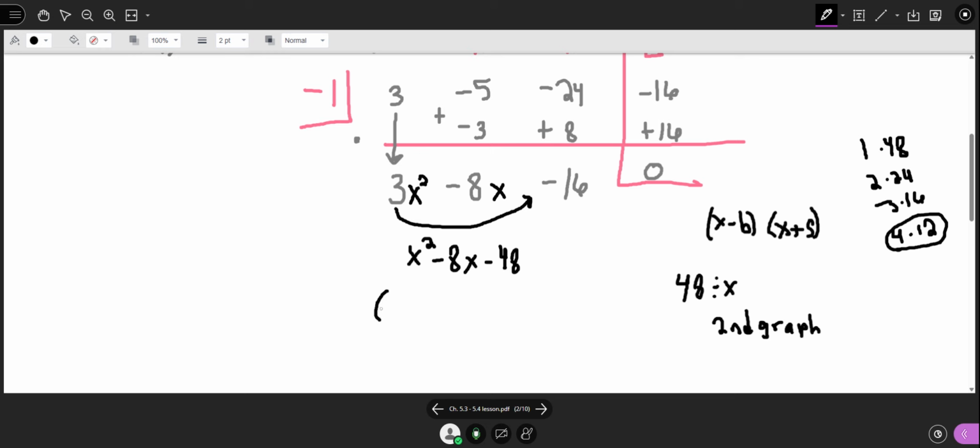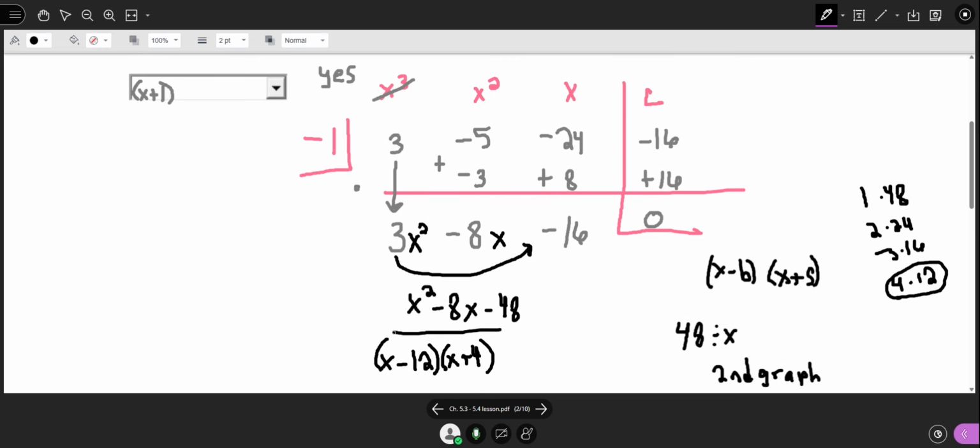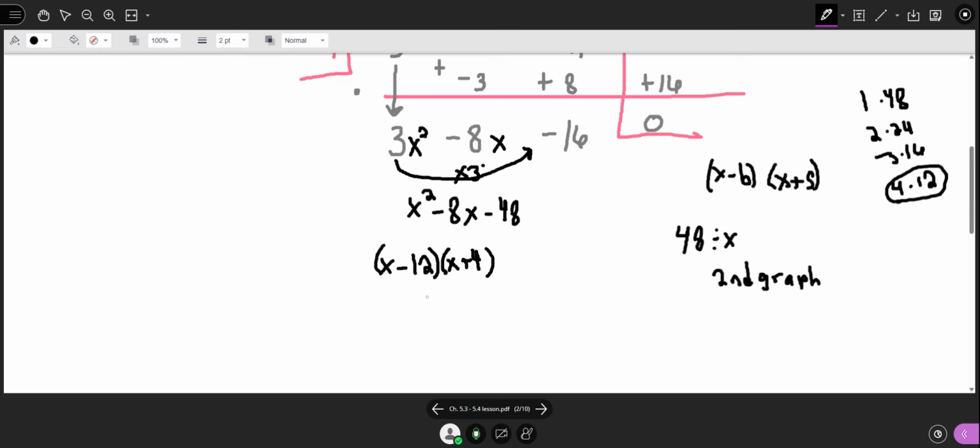So, x minus the big one, x plus the small one. Put these two, whoops, not yet. Because I'm not done yet, am I? If I had to multiply by 3 here, then I've got to divide by 3 here, remember?